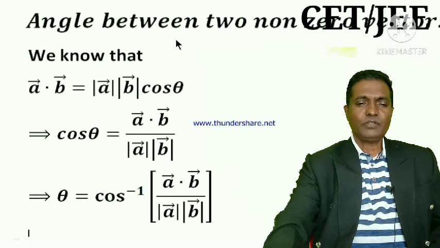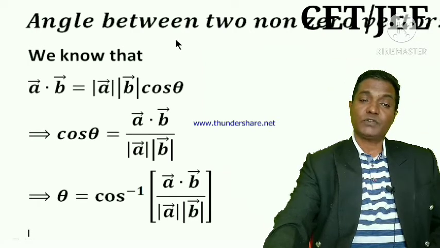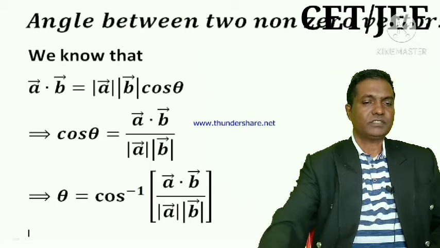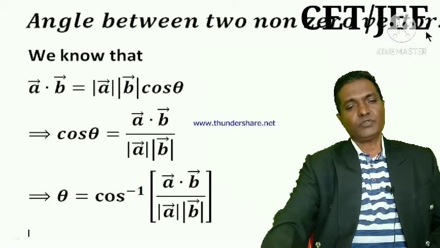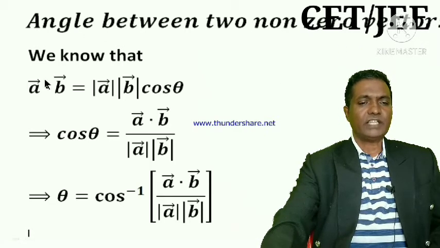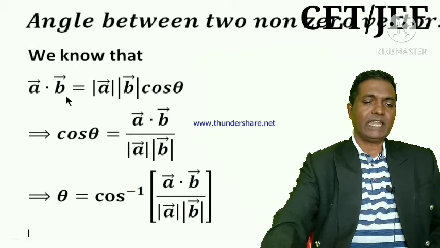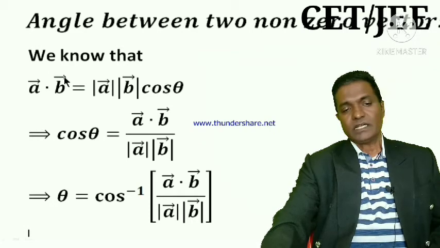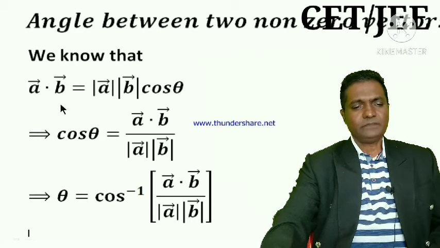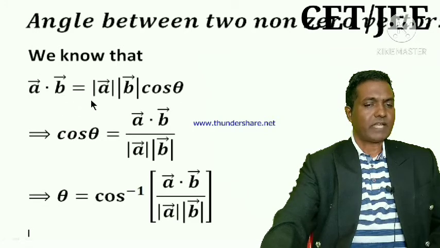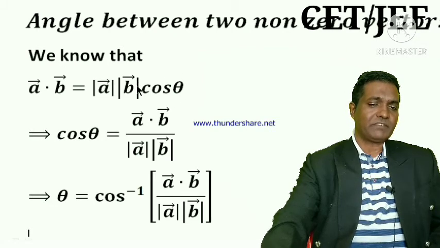Now, how can the angle between two non-zero vectors be found? As we all know, if vector a and vector b are non-zero vectors, then their dot product is defined by magnitude of a, magnitude of b into cos theta. And our aim is to find an expression for theta.